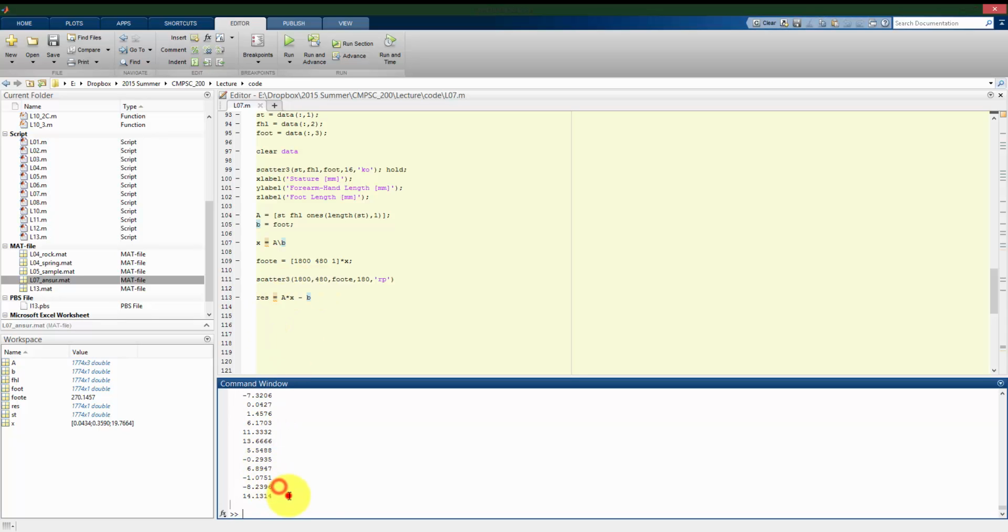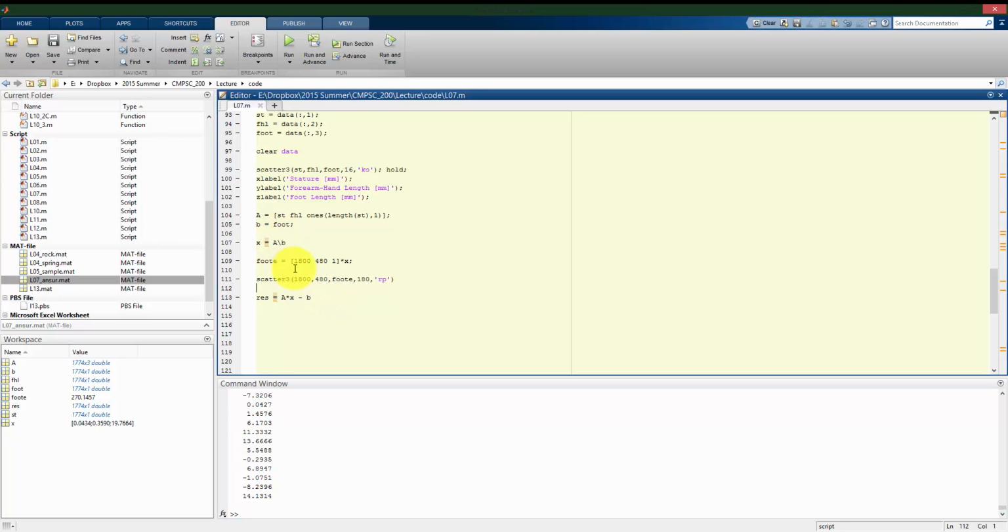So here we see the residual. This is the difference between what we estimate their foot size to be and what it actually was, using those original data points, the 1774 data points. So we see that some of them are below, they're negative, some of them are overestimating what the actual foot length is. But what we see is by using this regression, this A/B, the residual is going to be minimized.